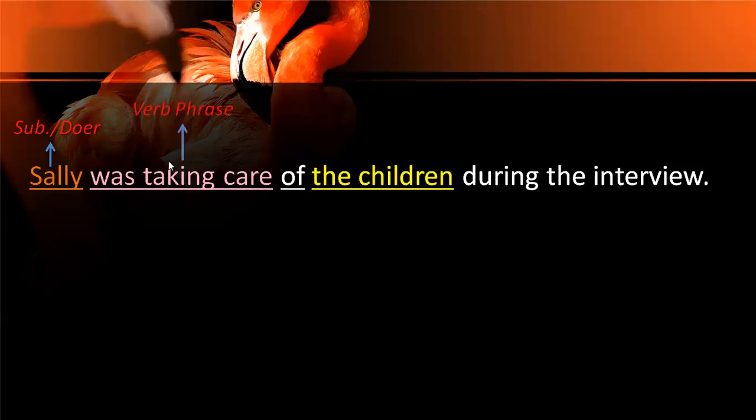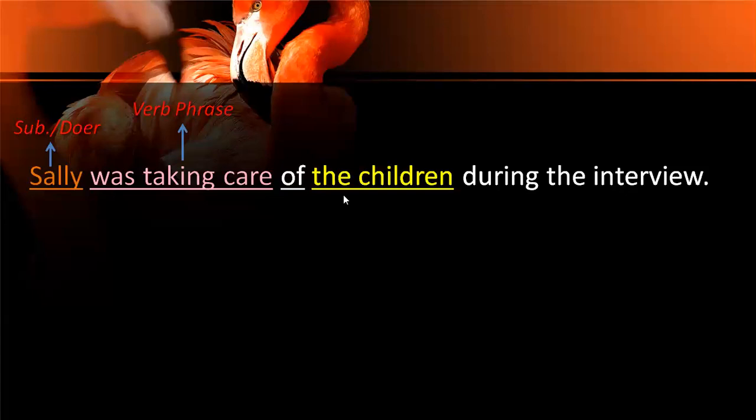Then was taking care is a verb phrase. Now why did I include care with take? Because they consider this as a phrase of care. They do not separate take from care. Therefore, I cannot say that care is an object. We cannot say, what does Sally take of the children?